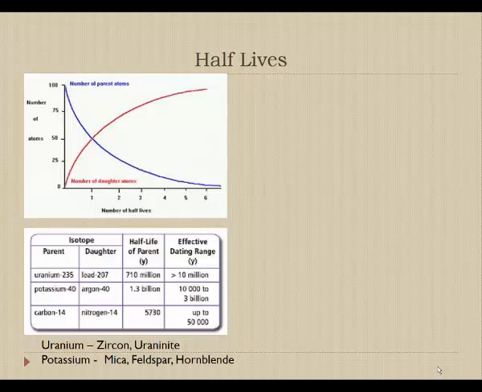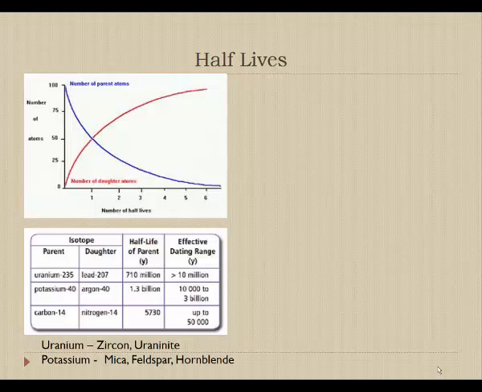Other elements have even longer half-lives. So uranium-235 transforms into lead, and it takes 710 million years for half of those radioactive uranium isotopes to transform.